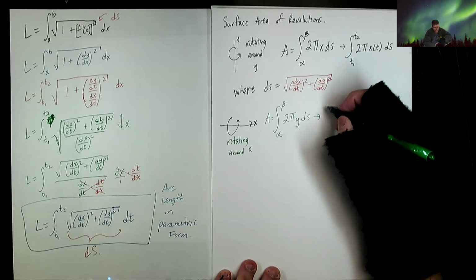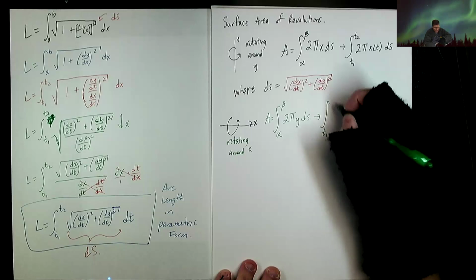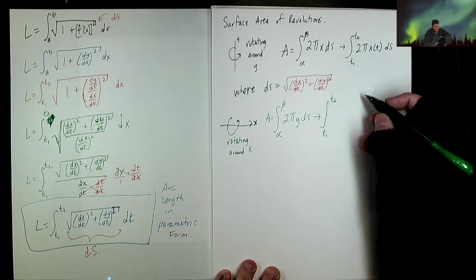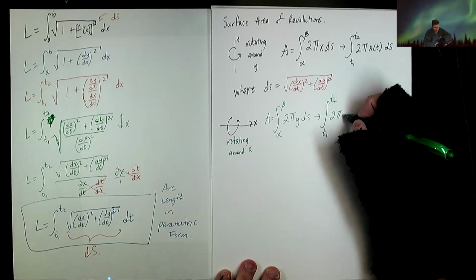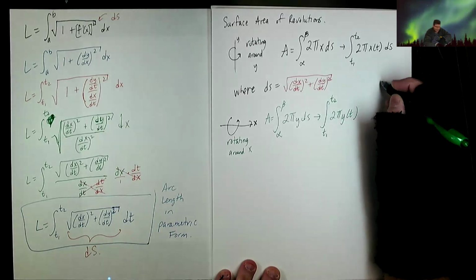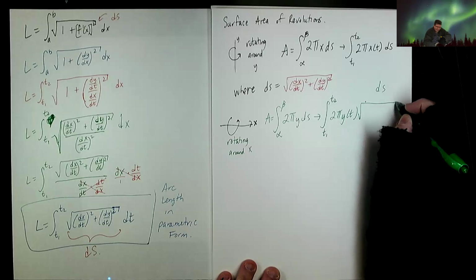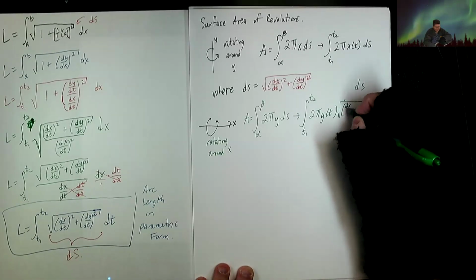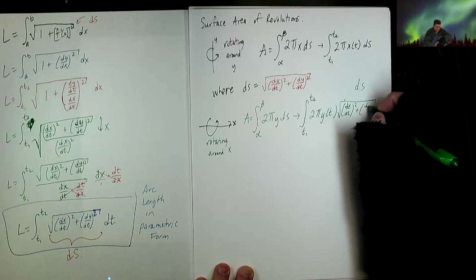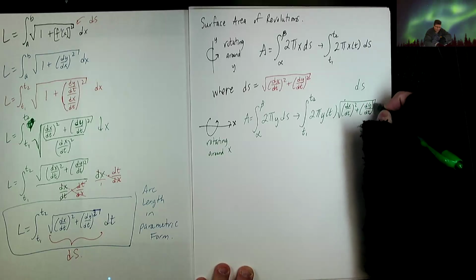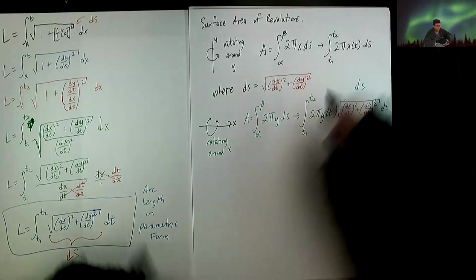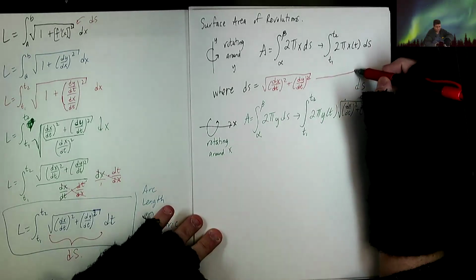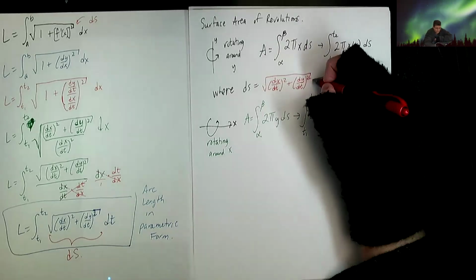So when we turn it to time, it's going to be t1 to t2 of 2 pi y of t, then our ds, the square root of dx dt squared plus dy dt squared, dt. Does that mean the ds has a dt attached to it as well? Yes. Thank you.